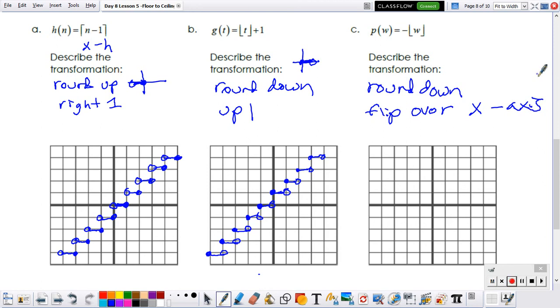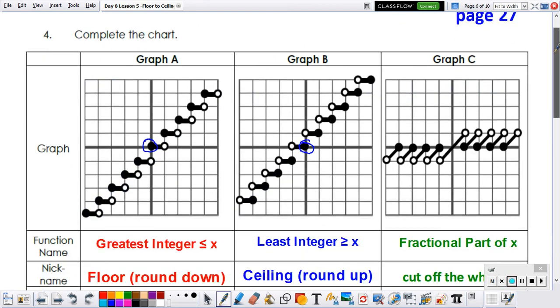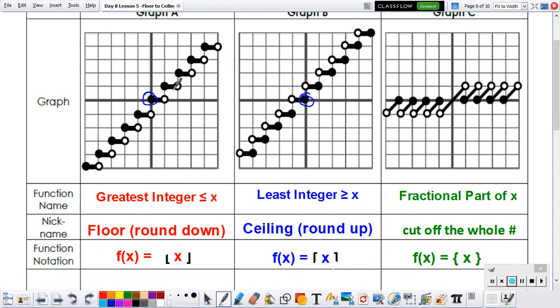Everyone go ahead and look at the round down function, which is graph A, on page 27. Let's go look together. Here's page 27. Here's my round down function. I'm going to take this whole graph and flip it over the x-axis. This line right here, I'm going to highlight. This is not going to change.